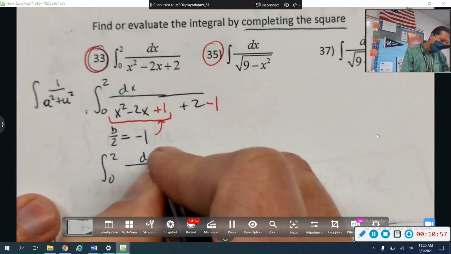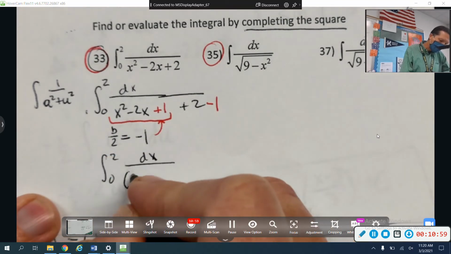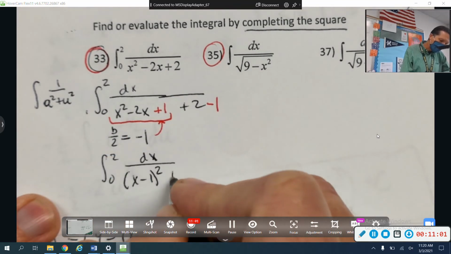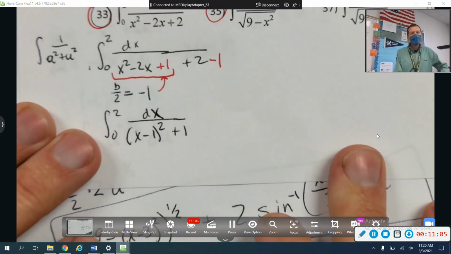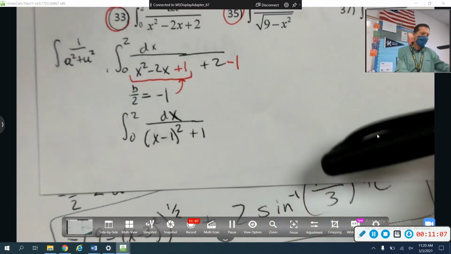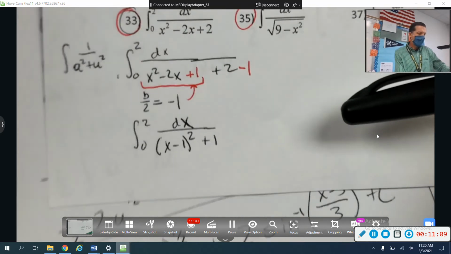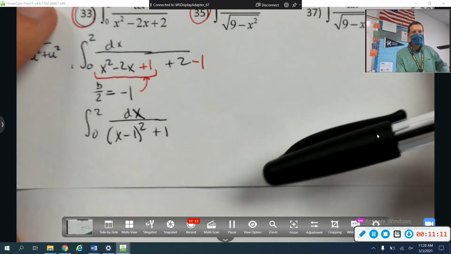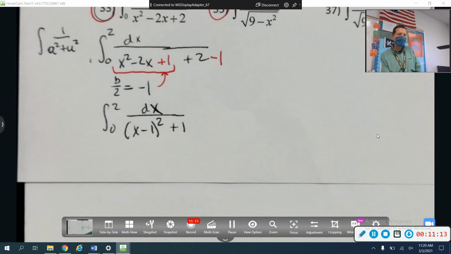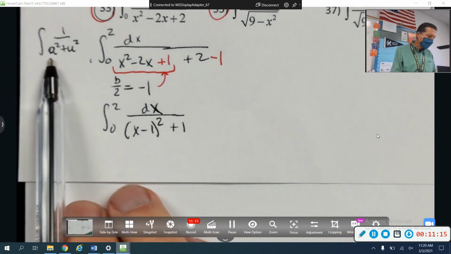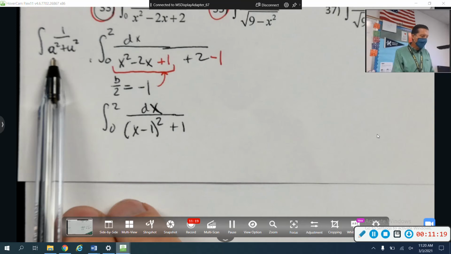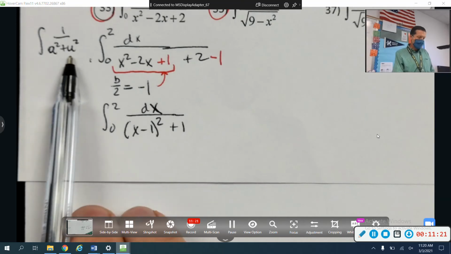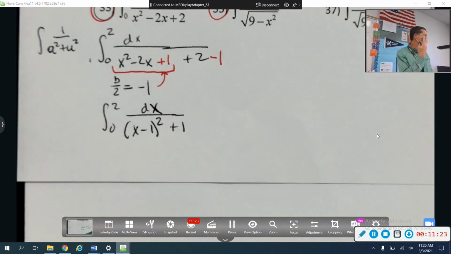And so now I've got a perfect square. It's x minus 1 squared plus 1. And that does look like the inverse tangent. It's a little bit maybe out of order. We usually have the a stuff first, like the constant first and the variable stuff second, but it's added, so order doesn't matter.